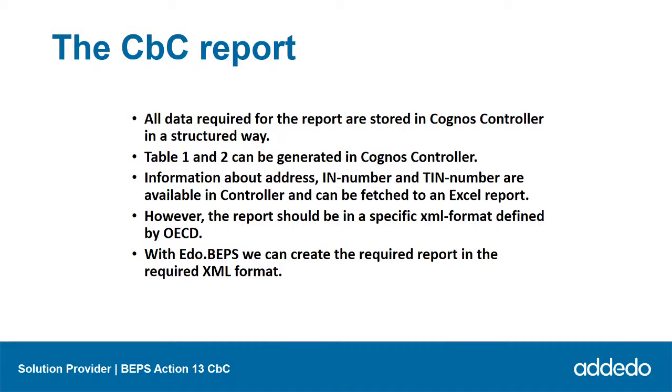Information about address, company identification numbers, and so on is available in Controller and can be fetched to an Excel report. However, the report should be in a specific XML format defined by the OECD, and our solution, Edo.BEPS, can then create this required report in the required XML format.